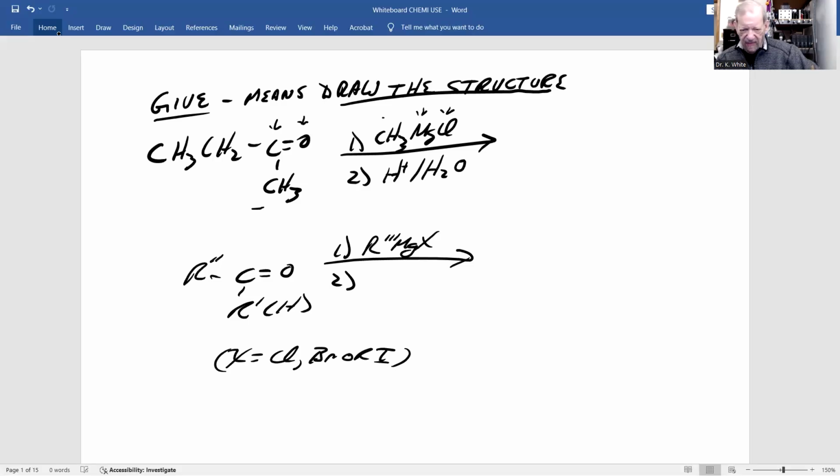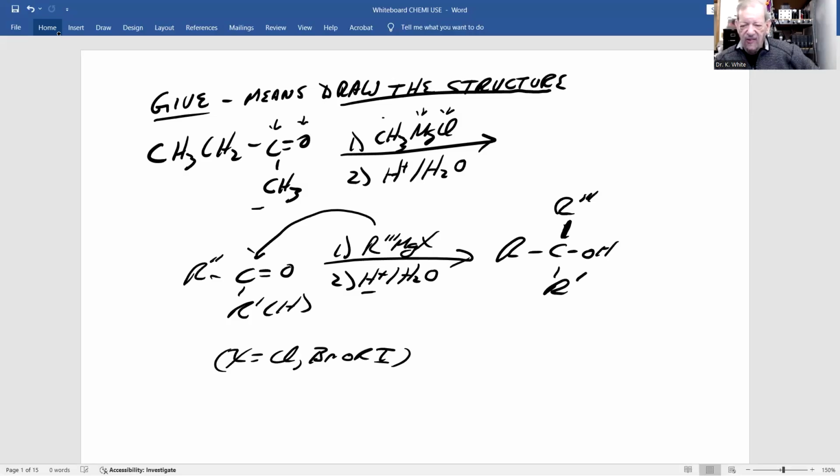Second step, acid and water. And this attacks that. Second step protonates what you make to make this alcohol. And you've made a carbon-carbon single bond right here.